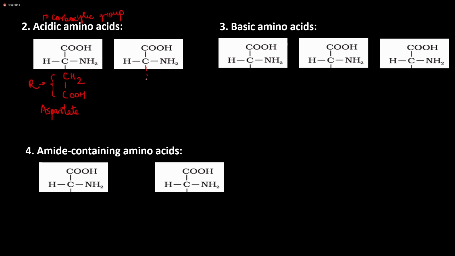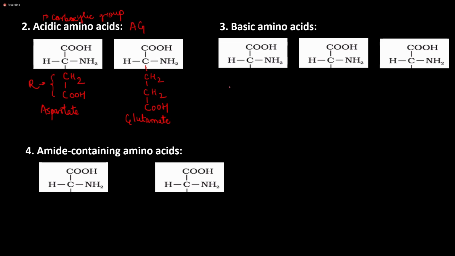It is the same as aspartate, but it has an additional CH2 group. So aspartate has only one CH2 while glutamate has two CH2 groups. The acidic amino acids are, you can write A and G, aspartate and glutamate. These are acidic amino acids.